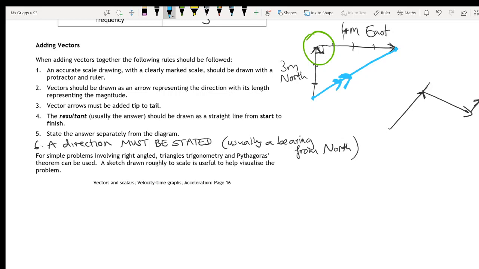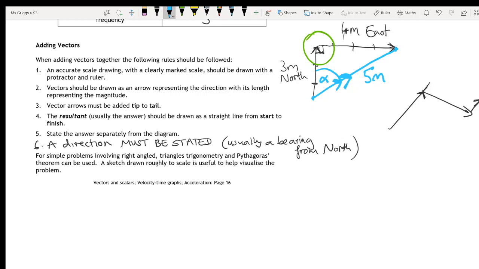And I've added in there rule 6: a direction must be stated, which is usually a bearing from north. You would work out that direction. You could either measure it using a ruler if you're doing a scale diagram, or, as some of you might have already noticed, if you've got a right angle triangle, you can use Pythagoras' theorem. You should know there are special triangles, 3, 4, 5 triangles, so that's probably going to be 5 meters, but you also need to work out the bearing from north.